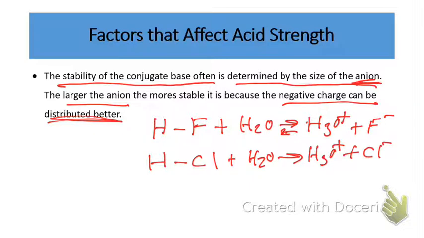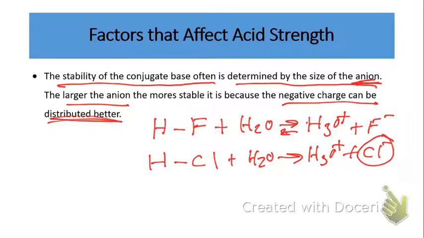Now, the chloride ion is actually bigger than the fluoride ion. And because the chloride ion is bigger than the fluoride, it is more stable. Since it's more stable, it can hold that negative charge better. Therefore, HCl is a better and stronger acid than HF, okay?